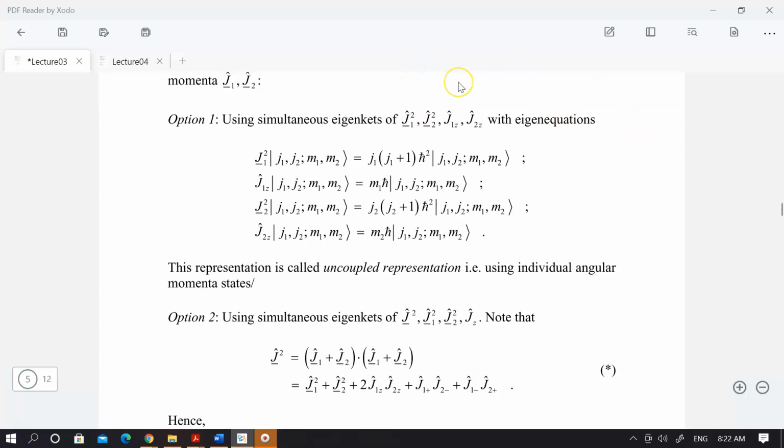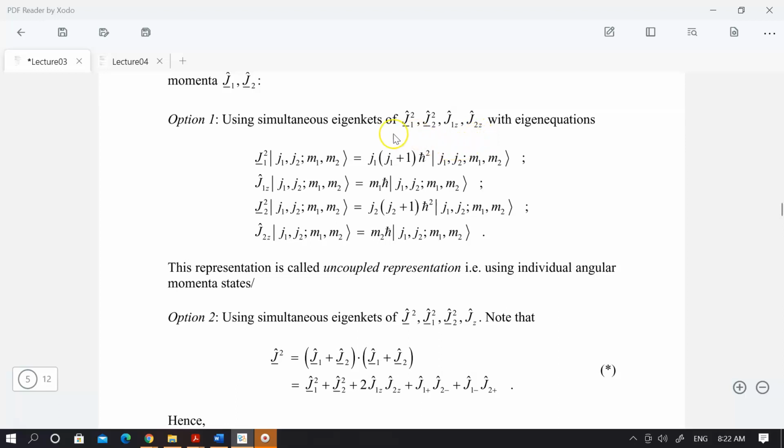So, remember there are two different options in this particular case. One is to use the individual angular momenta eigenstates. In this case, one should have, for example, J1 squared with J1z, and the other angular momentum J2 squared and J2z.